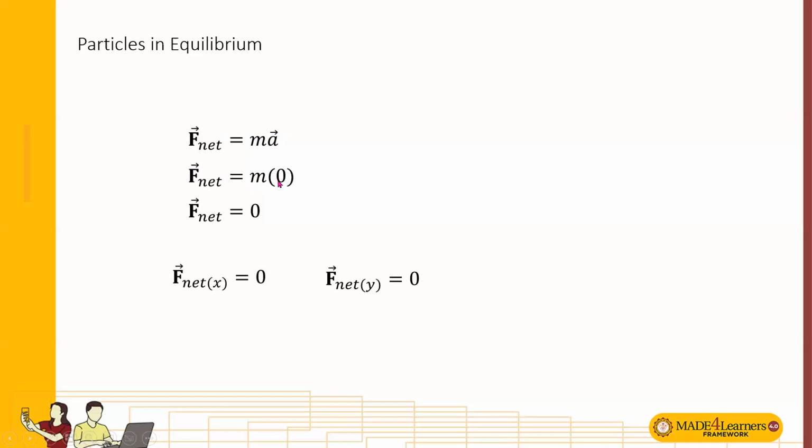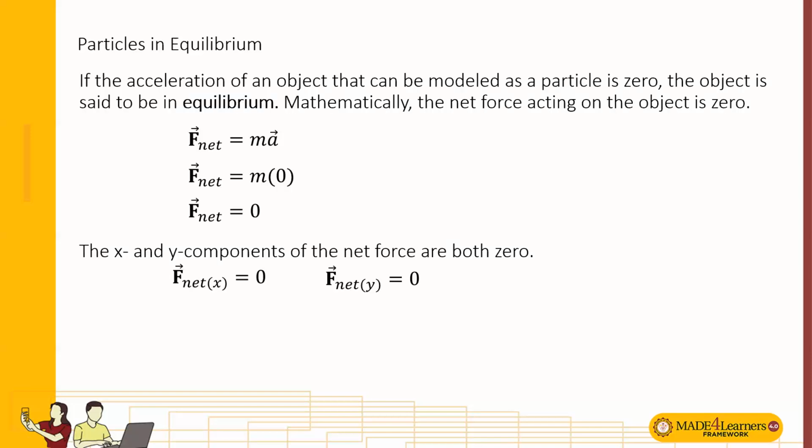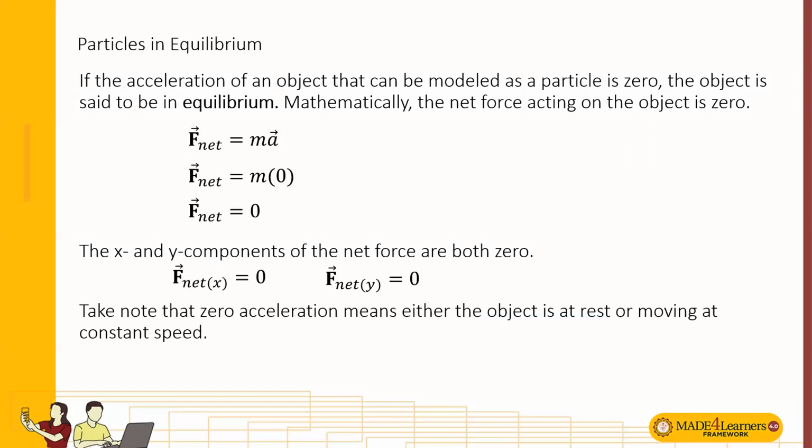If acceleration is zero, then you have a net force equal to zero. So if along the x-axis it is in equilibrium, then F sub net along the x-axis is zero, and also along the y-axis. So the object is not moving, or it can be moving but at constant velocity. So these are the components, both are zero.